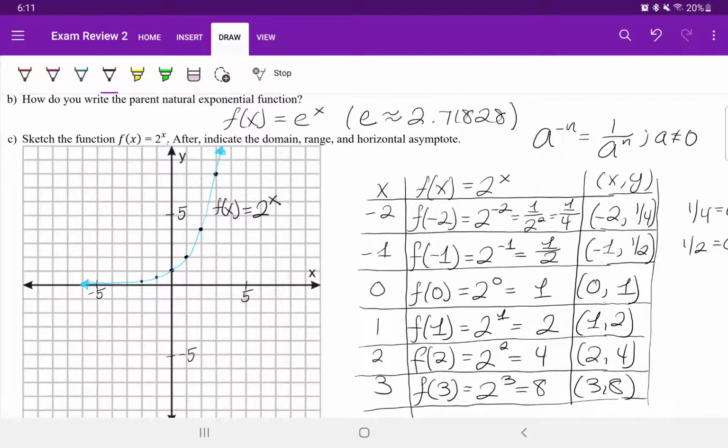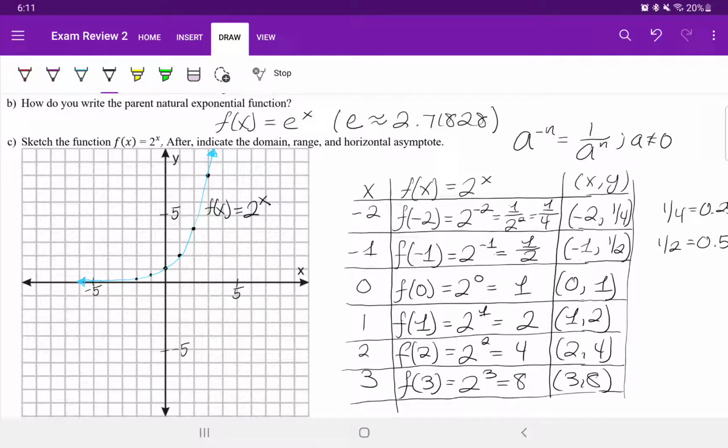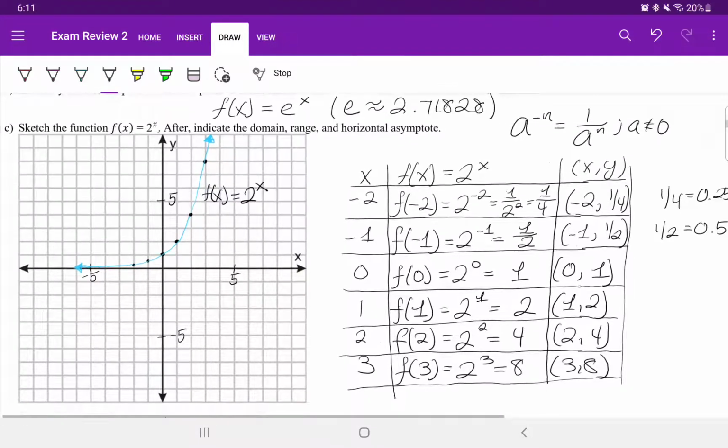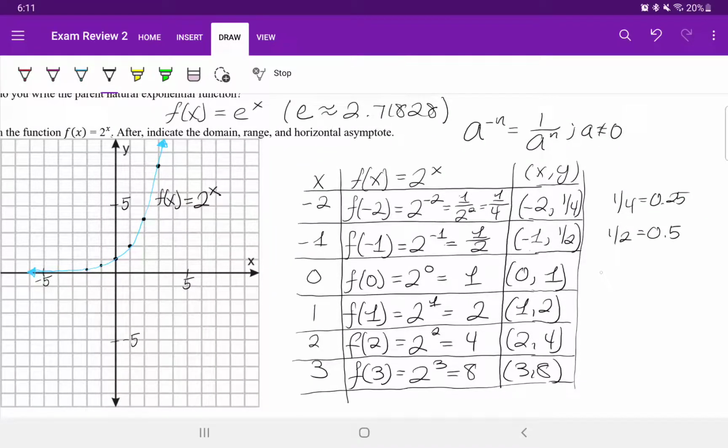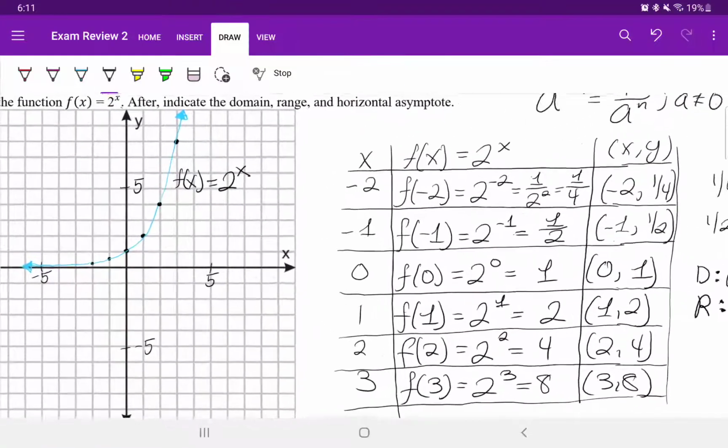Now we're going to find the domain, the range, and the horizontal asymptote. The domain for all exponential functions, and I'm going to write that here in interval notation, is all real numbers, negative infinity to positive infinity. Now, the range for exponential functions. Let's zoom in briefly.